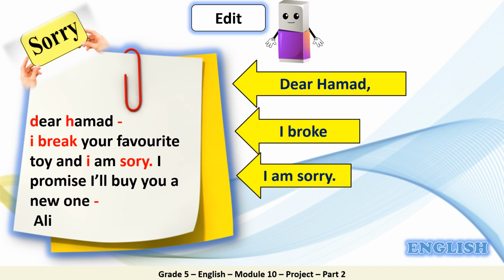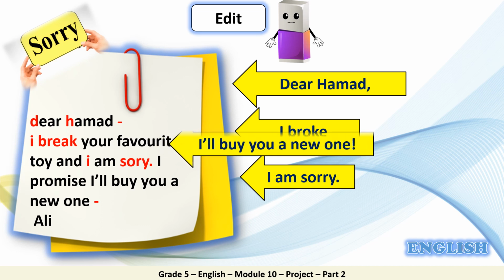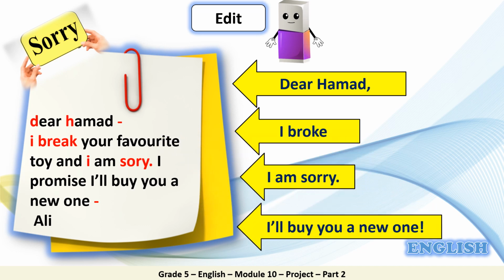Remember also to say I'm sorry: I capital, and the spelling mistake with sorry. We have sorry with a double R. Remember also, after I'll buy you a new one, you have to add an exclamation mark.